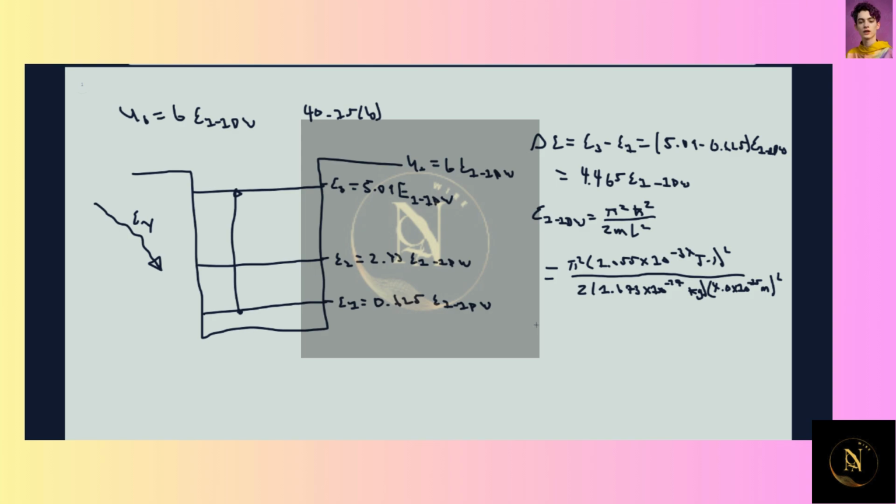If we calculate all of this, the ground state energy is 2.052 times 10 to the minus 12 joules.